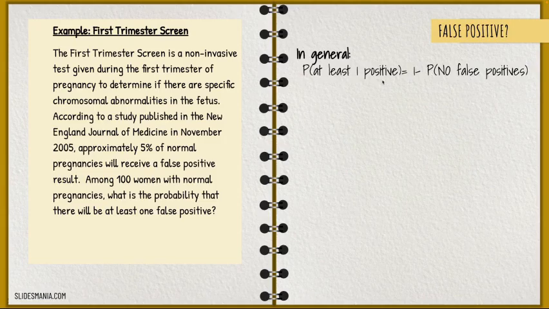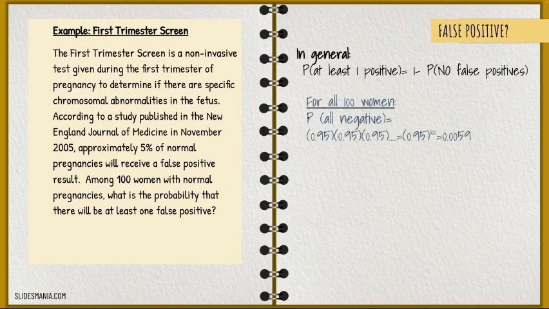So probability of at least one positive is 1 minus P of no false positives. So false positive was 0.05. So no false positives would be that 0.95. So P of all negative. For all 100 women, we do 0.95 times itself 100 times. And then we get this.